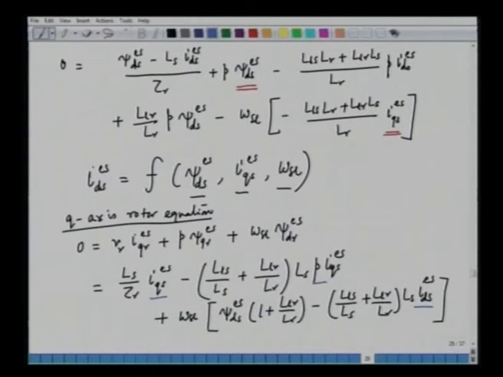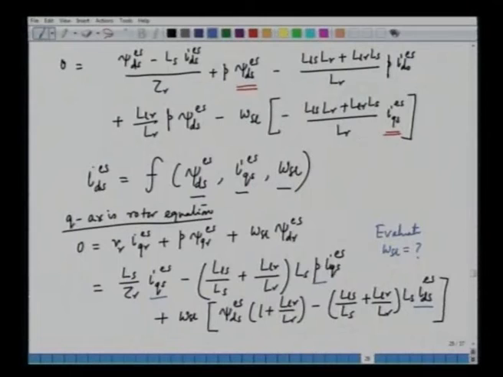After simplification we can get the expression for omega SL, so we can evaluate omega SL from this equation. This omega SL can then be used to compute the speed of the stator flux vector, which will be used for transforming IDS and IQS into IA, IB and IC.